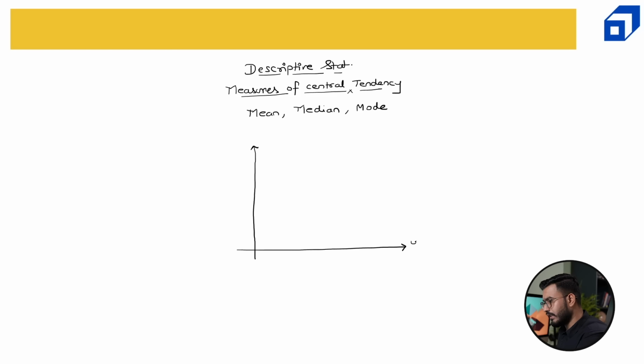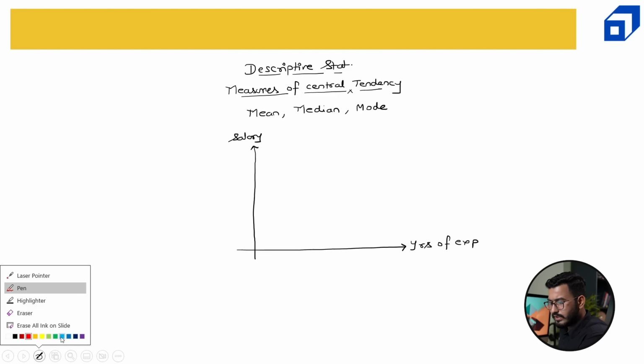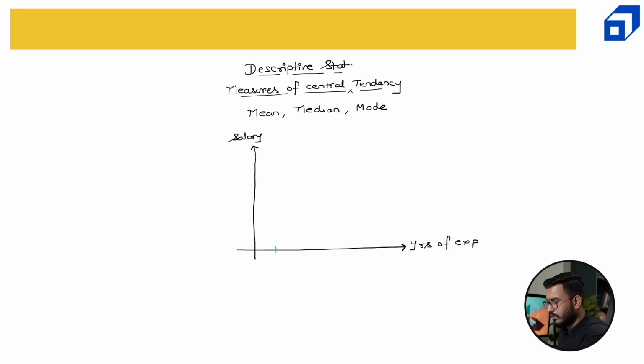Let's say this is my years of experience, and in y-axis I'm having salary. Now let's create some data points. First of all, let's define the axis. So this is years of experience as 0, 1, 2, 3, 4, and so on.